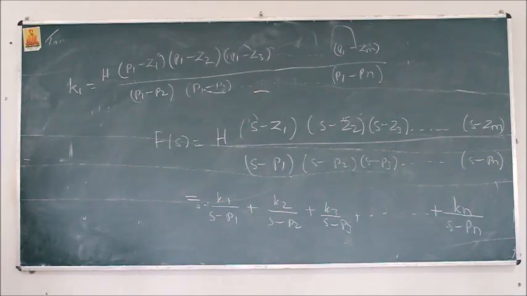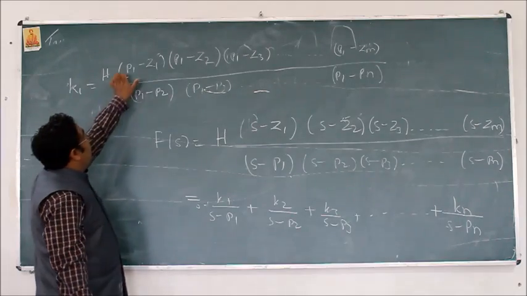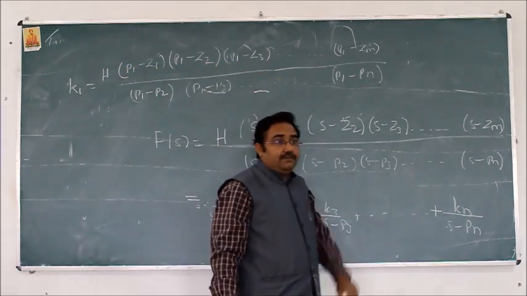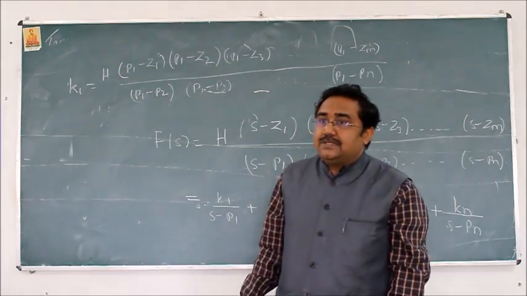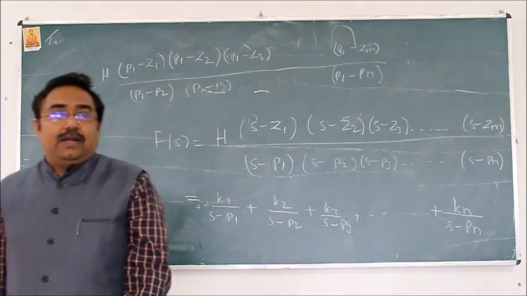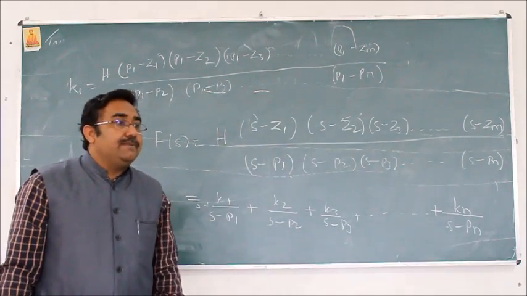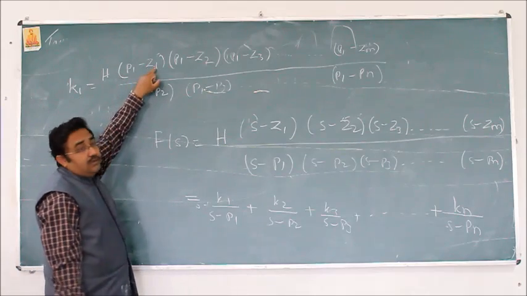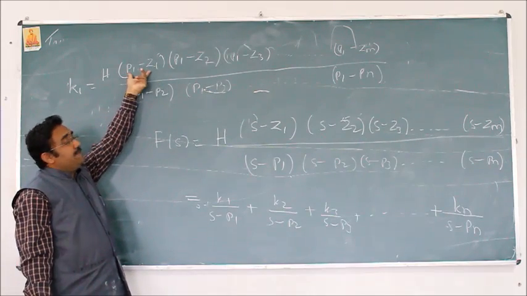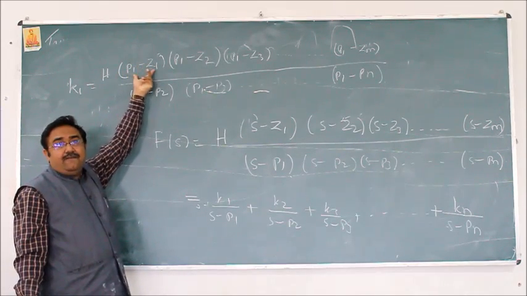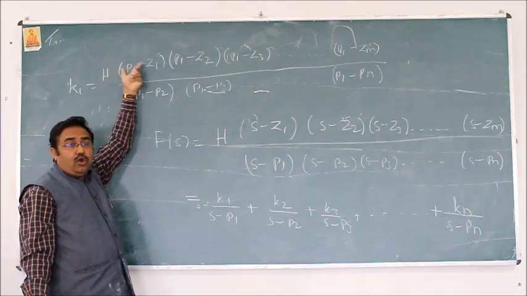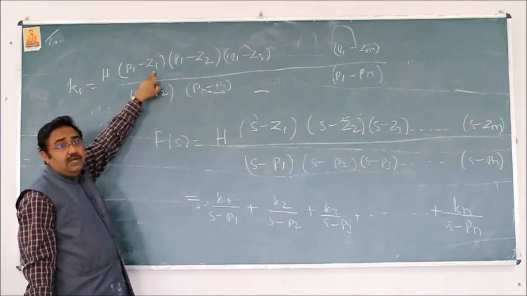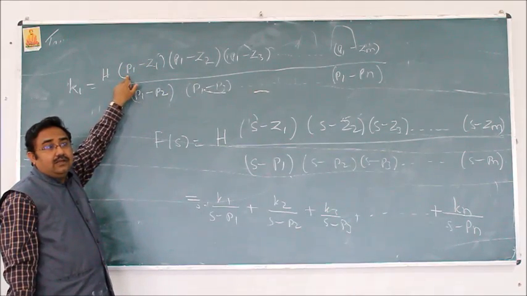Now comes the important part. We have to understand what these are representing. These are representing nothing but phasors. This is representing a phasor drawn from the zero Z1 up to P1.